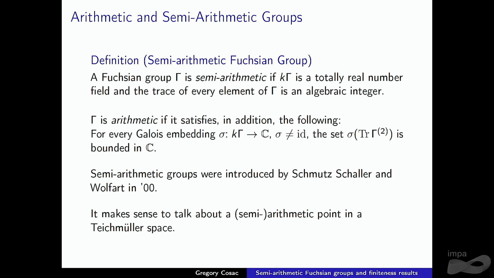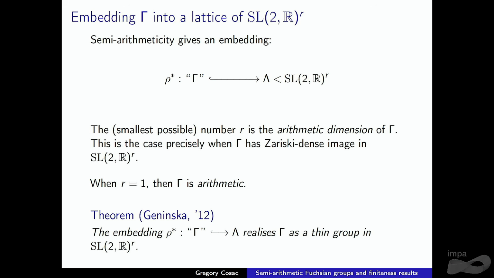Now, as I said, this might seem a bit obscure, and there are, of course, other equivalent definitions, but I'm not going to go into that because that would be a bit time-consuming. But let me just say that this other equivalent definition of semi-arithmeticity goes through quaternion algebras over number fields and orders in that quaternion algebra.